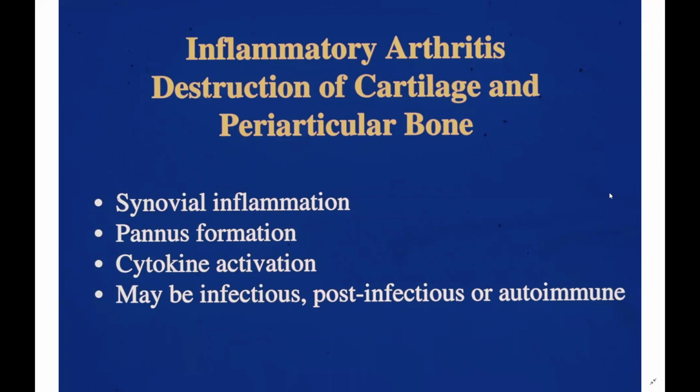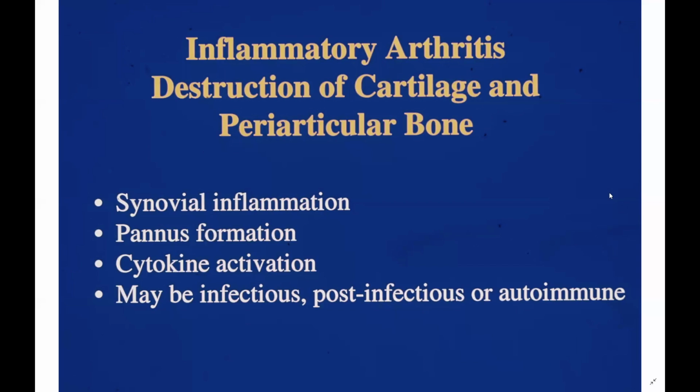Continuing on, in inflammatory arthritis, there's destruction of cartilage and periarticular bone, which then results in secondary changes leading to arthritis. The sine qua non of this particular disease is synovial inflammation. In many of these diseases, the synovial inflammation forms what is called a vascular granulation tissue called pannus.